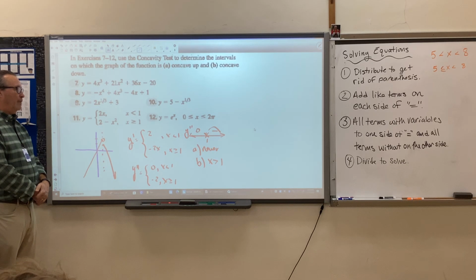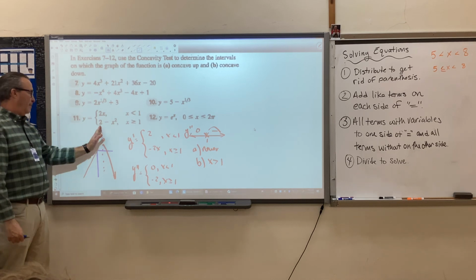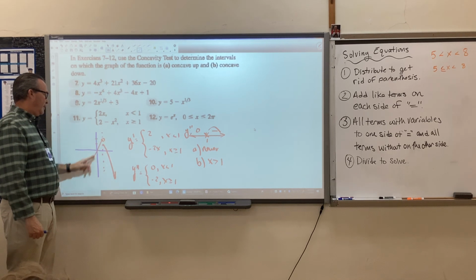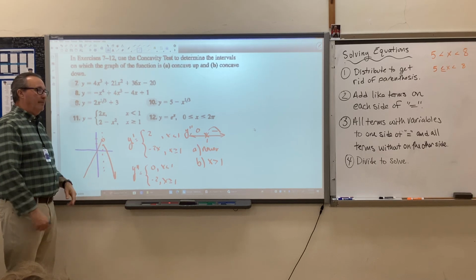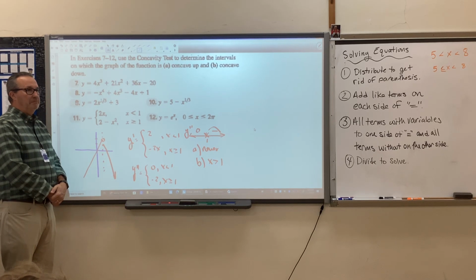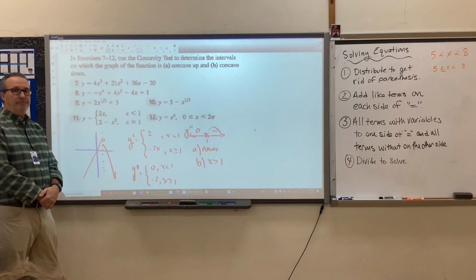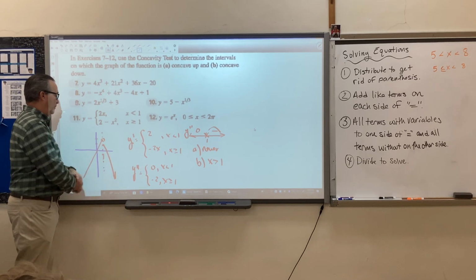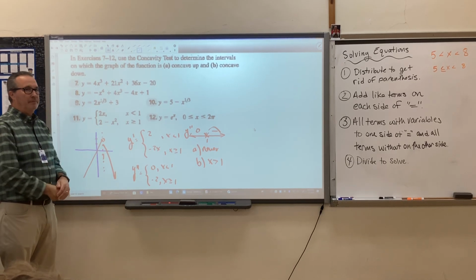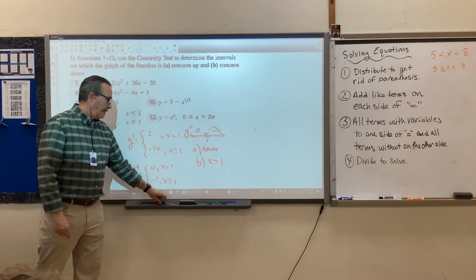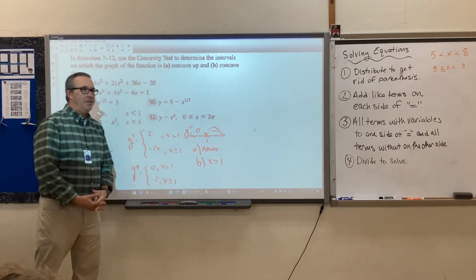There's not one point where they're related. It switches from this graph to that graph at 1. Not continuous at 1. Any questions?